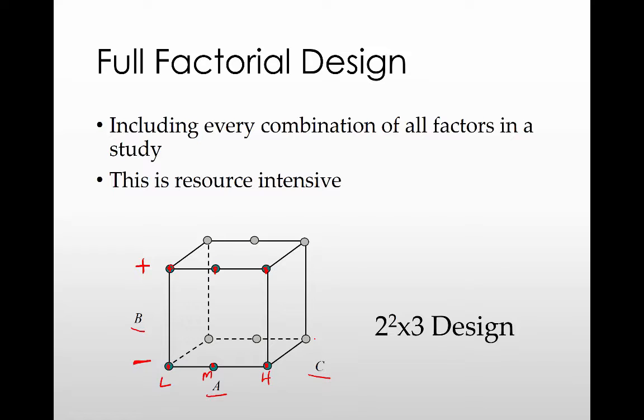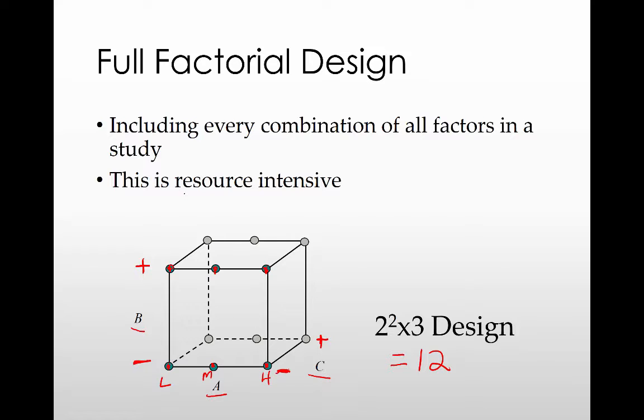And then if you change C from its level, let's say minus over here, to plus on the back plane here, now you multiply by 2 again, and that's 12 experiments. So this experiment that I've shown with this cube is called the 2 to the 2 times 3 design. It requires 12 experiments or else 12 products in the product family.